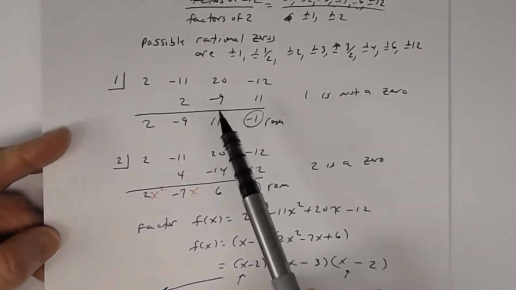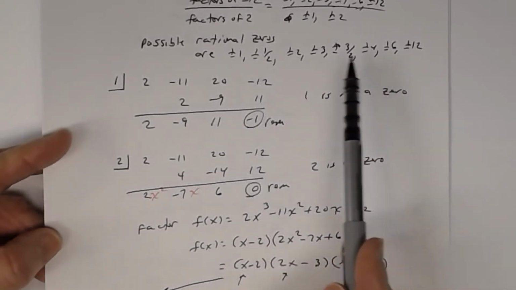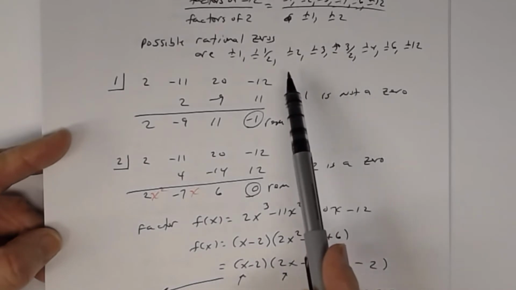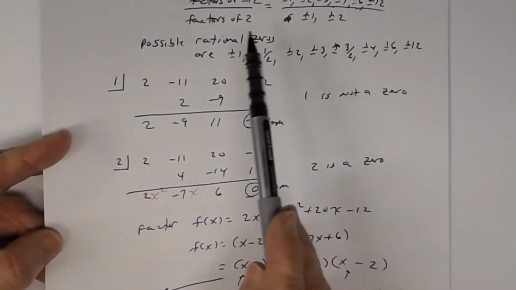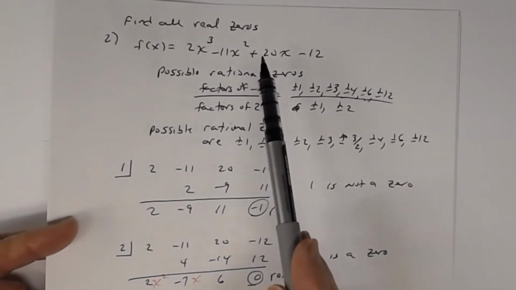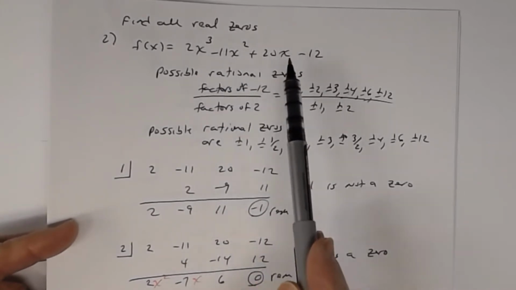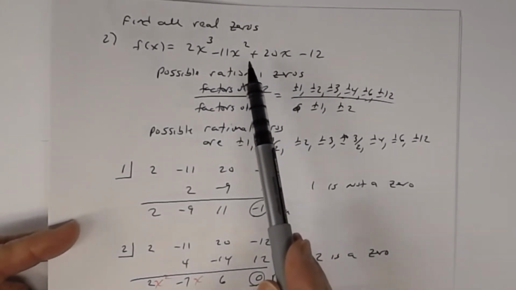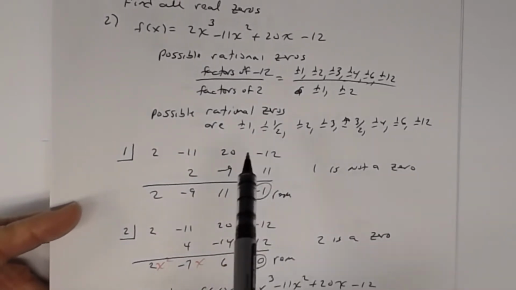If you have a lot of possible rational zeros to choose from, Descartes' rule of signs can help you to narrow this down. Okay, so you're going to see in this example, we're about to do this, but in this example from a previous lesson, Descartes' rule of signs will tell you that you have no negative real zeros.